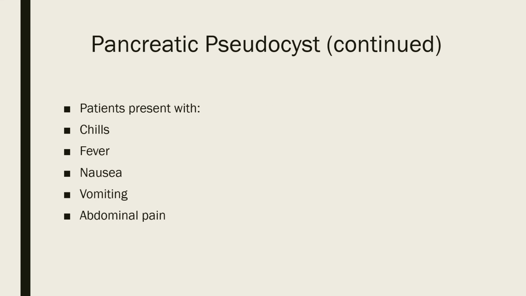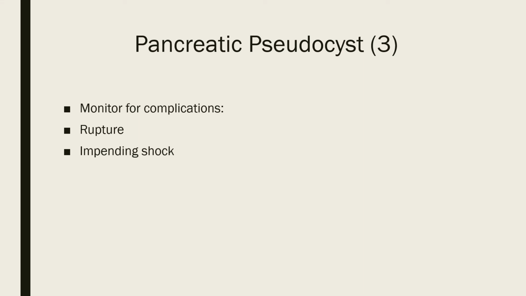Patients will present with chills, fever, nausea and vomiting, abdominal pain. So we are going to monitor for these cysts rupturing and then watching their vital signs for impending shock.